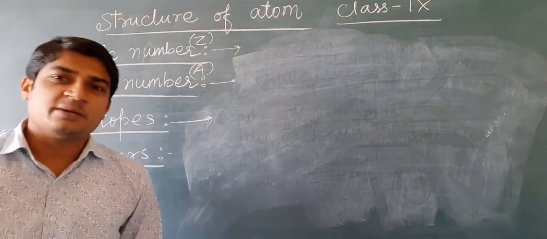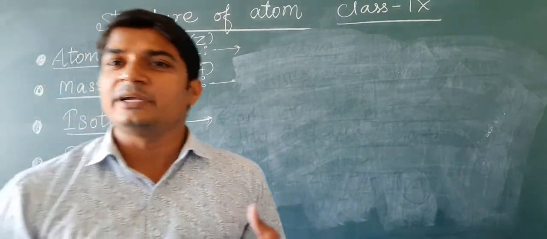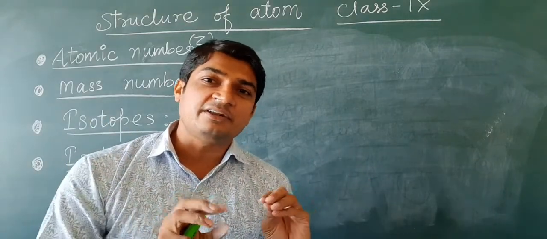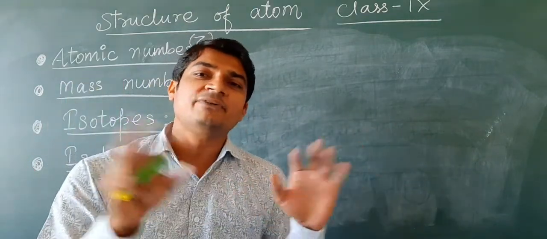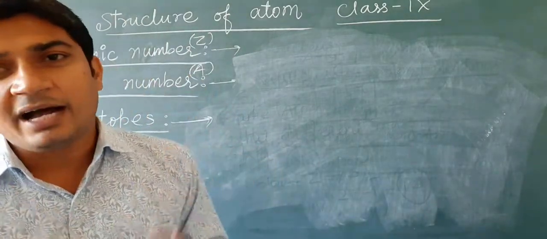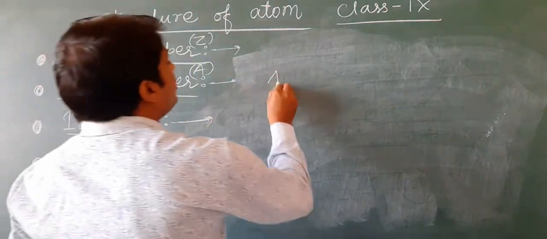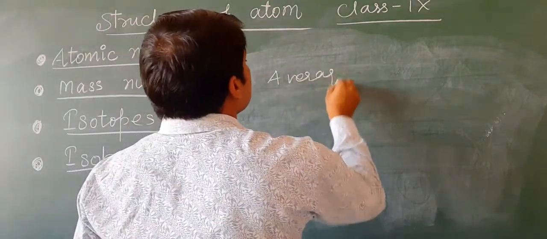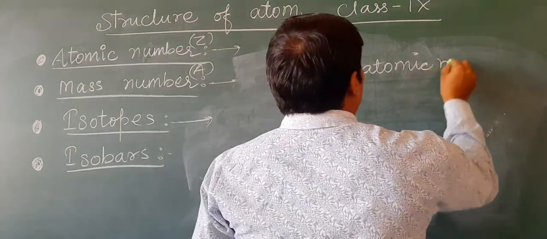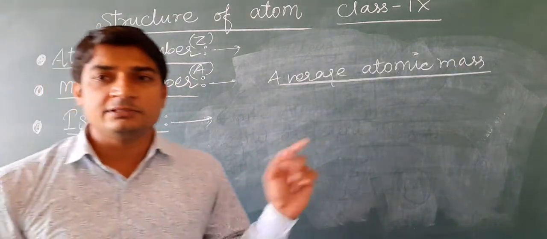Sometimes, if an element is existing as one atom only, then we can write down its atomic mass. If the same element is existing in different forms, or we can say in different isotopes, then how do we write the atomic mass of that particular element? In such conditions, we use average atomic mass. Let us try to understand it by one example.